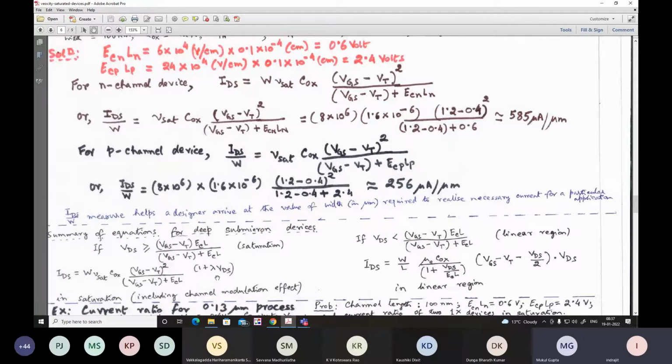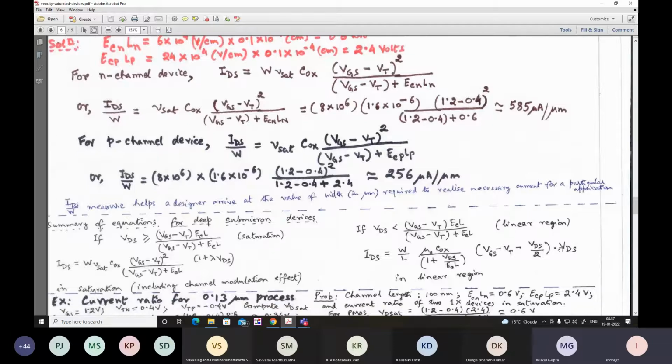But if you want an accurate change of the current, then this should be the expression: 1 plus lambda VDS would be the multiplying factor. And if VDS is lower than VDSAT, it will be in linear region, and this is the expression of the current in linear region.